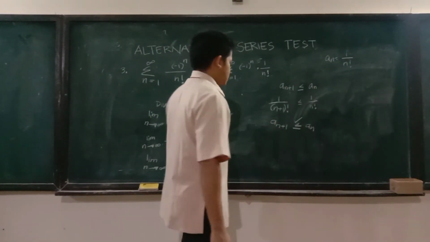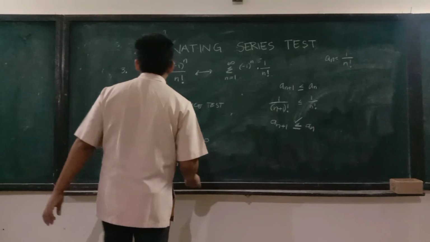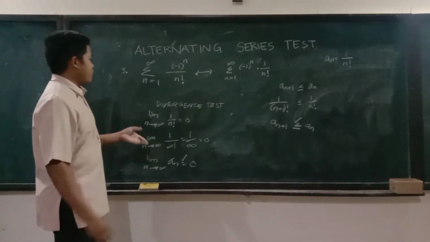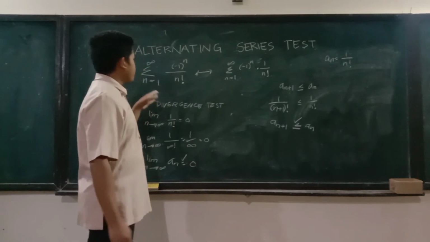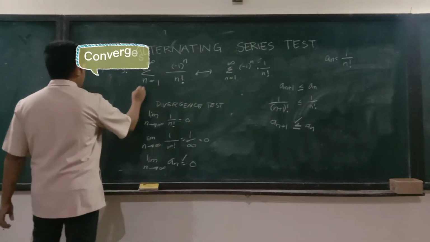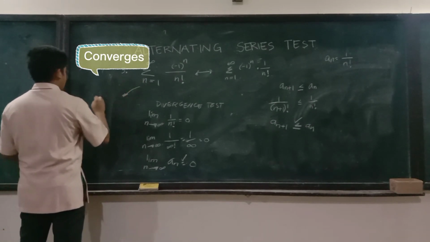So we can prove that this series, negative 1 to the power of n over n factorial, actually converges.